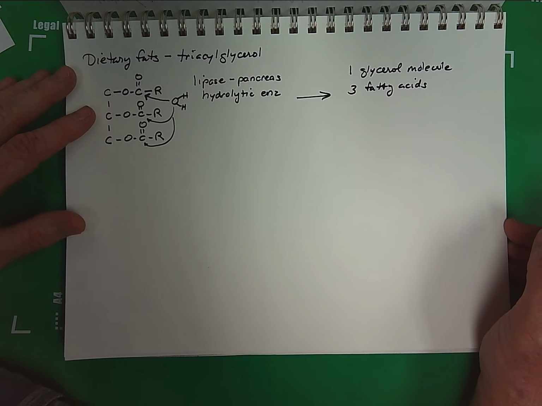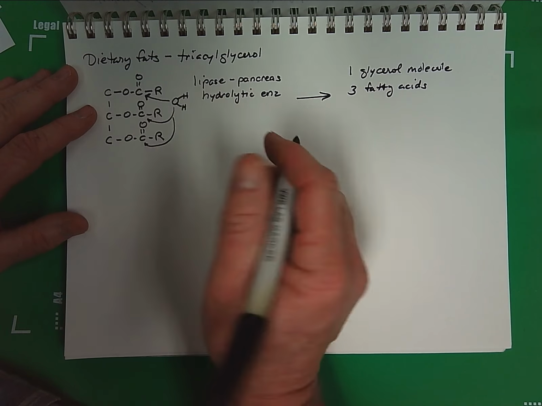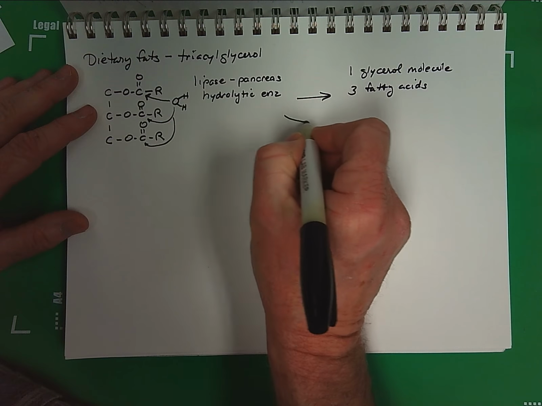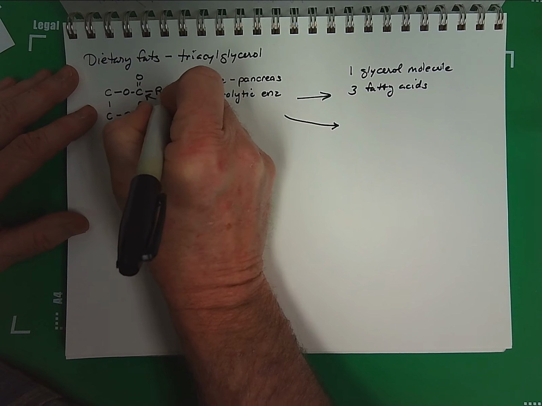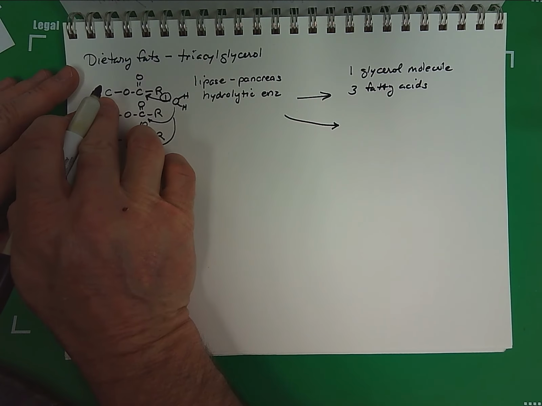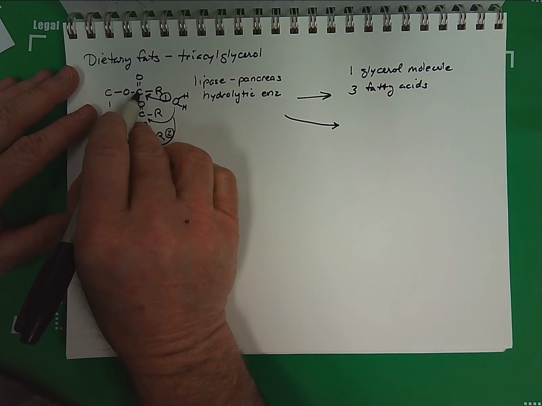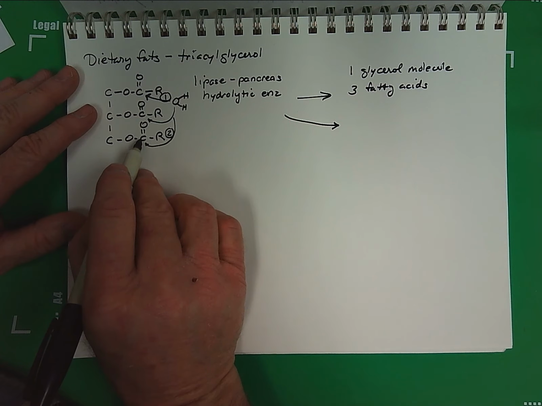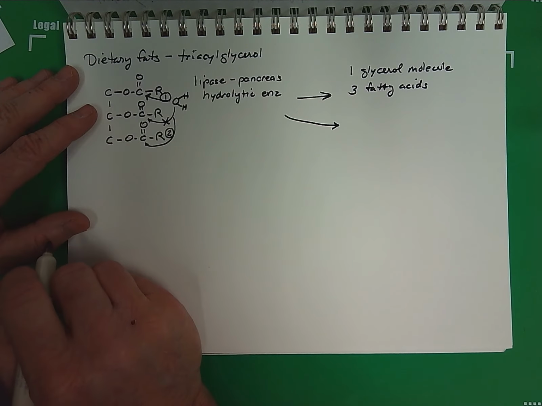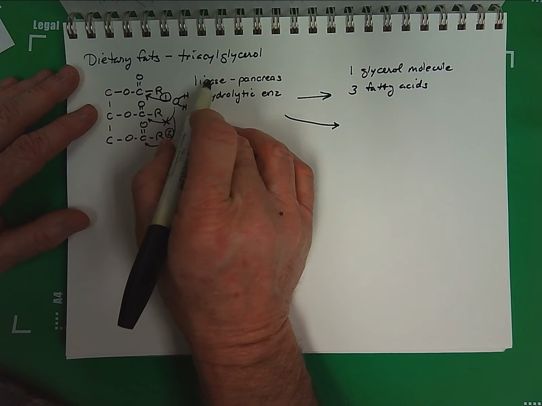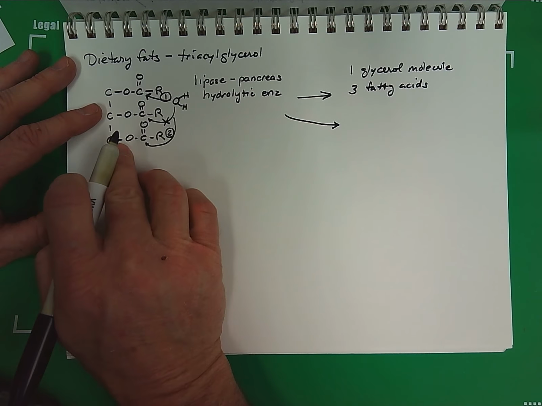Now, alternatively, the lipase activity may be incomplete. And if it's incomplete, it will cleave the outside fatty acids from the glycerol backbone. For example, cleave number 1 and number 2 over here, but this one will not work, because lipases are highly specific for the fatty acids on the ends of the triacylglycerol structure.